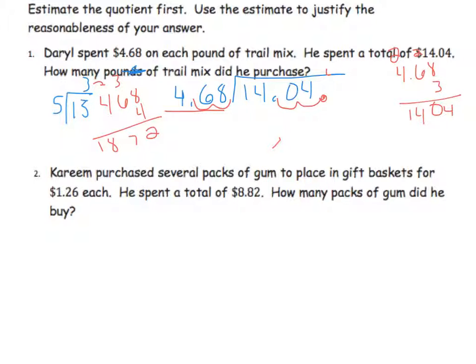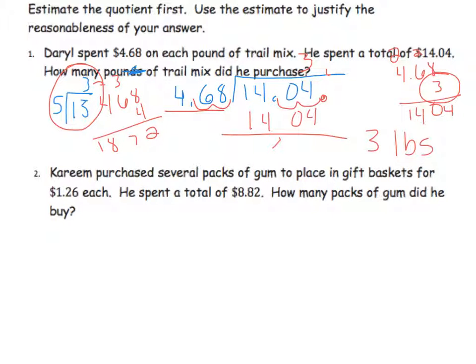It is exactly 1404. So 3 times, and that was our estimate. So how many pounds? And remember, with application, you also always have to have a label, 3 pounds.